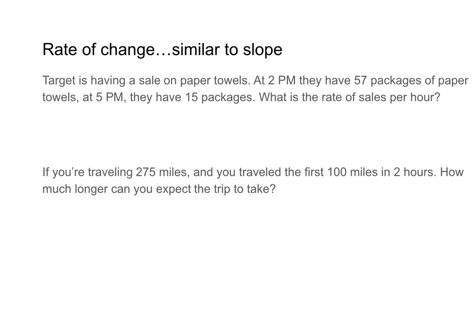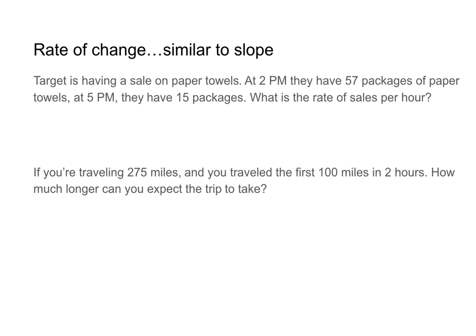So a rate of change, very similar to slope. How does that work? So let's say Target's having a sale on paper towels, 2 p.m. They have 57 packages. At 5 p.m. they have 15 packages. What is the rate of sales per hour? So you've got from 2 to 5 p.m., and at 2 p.m. you got 57 packages, and at 5 p.m. you've got 15 packages.